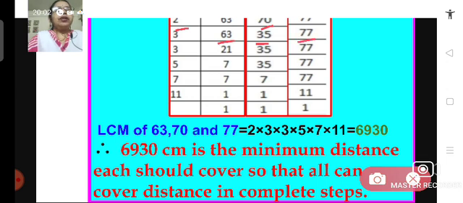Now 63 can be divided by the next prime number, that is 3. So we get 21, and 35 and 77 we write as such in the next row. Now 21 can again be divided by 3. So we get 7 here, and 7, 35 and 77.